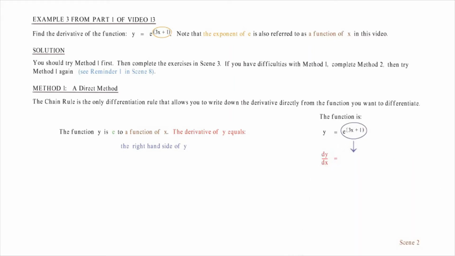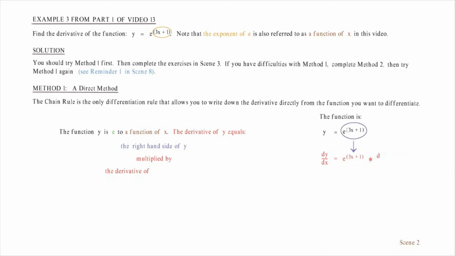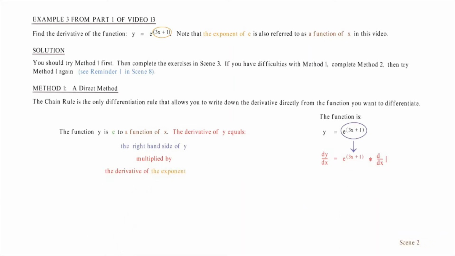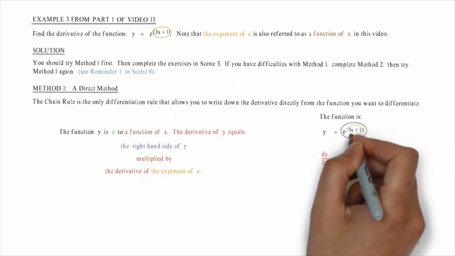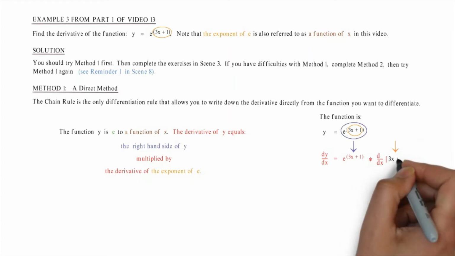So bring down e to the 3x plus 1, multiplied by, times, the derivative, d by dx, of the exponent of e, which is 3x plus 1. So substitute 3x plus 1.